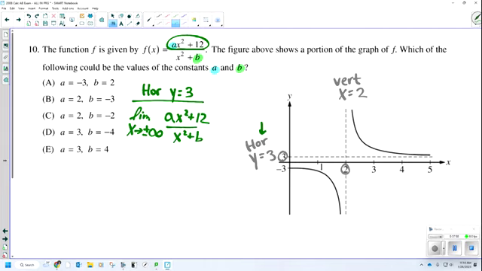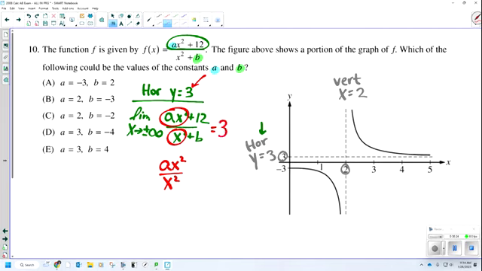Keep in mind, a and b are constants. To take the limit at infinity, I keep the biggest term on the top and the biggest term on the bottom. So I've got a x squared over x squared. This limit should give me my horizontal asymptote.